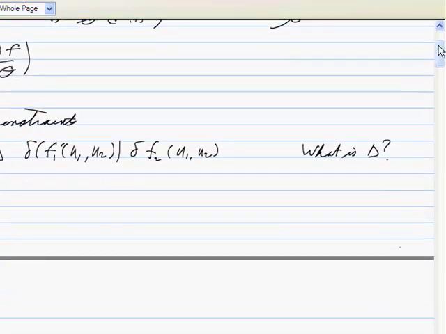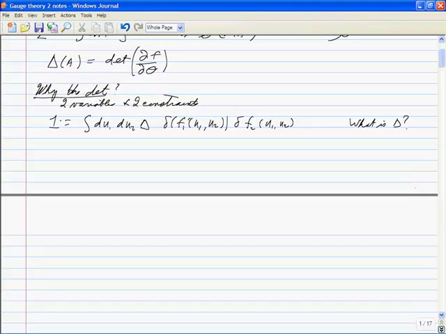If we had a simple constraint, let's do dx1, dx2, delta of x1 and delta of x2. That of course is 1.